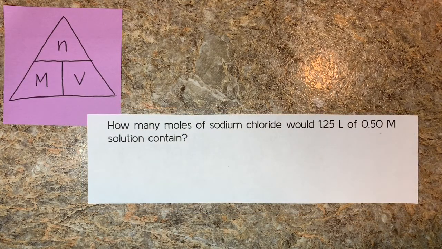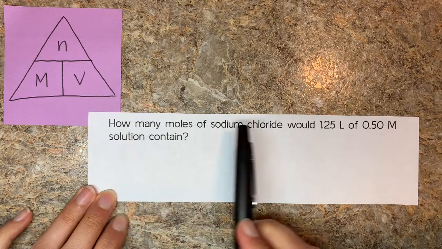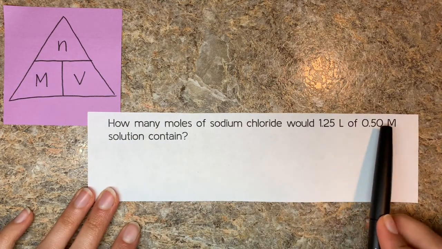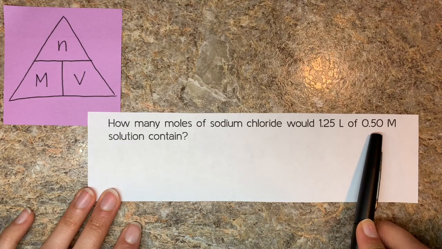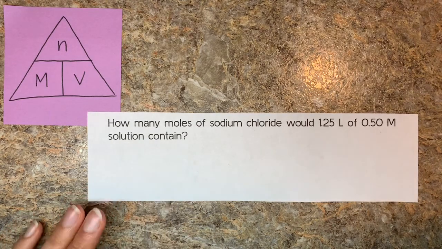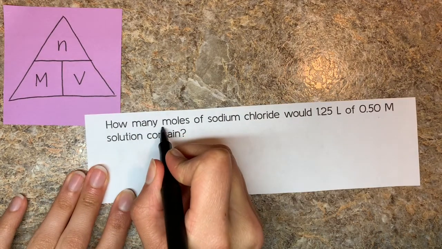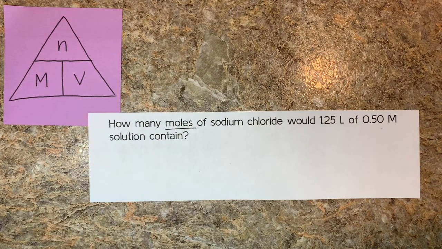Let's try a practice problem. How many moles of sodium chloride would 1.25 liters of 0.50 molar solution contain? So again, we need to figure out what we are asked to find. In this case, we're asked to find how many moles of sodium chloride are in the solution.